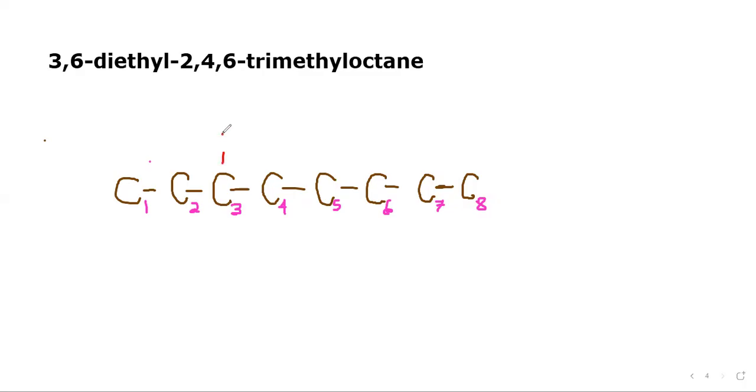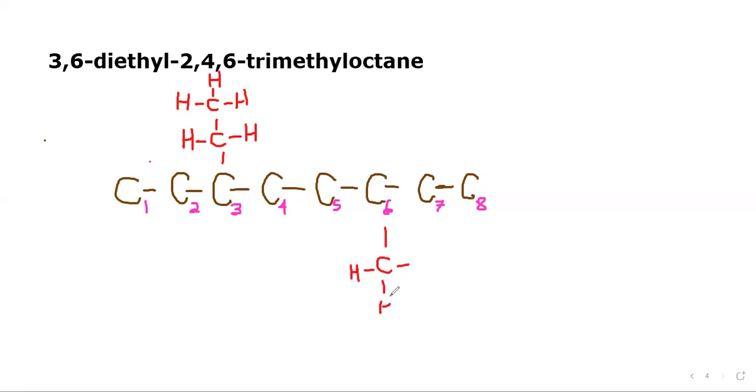So ethyl group is CH2, CH3. So that is going to be our ethyl group. And an ethyl group, remember, it's CH2, CH3. So the red part, I'm going to show the ethyl group. So on carbon number 3, as well as carbon number 6, we're going to have what we call an ethyl group.